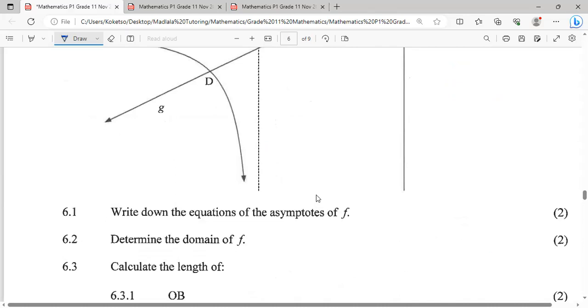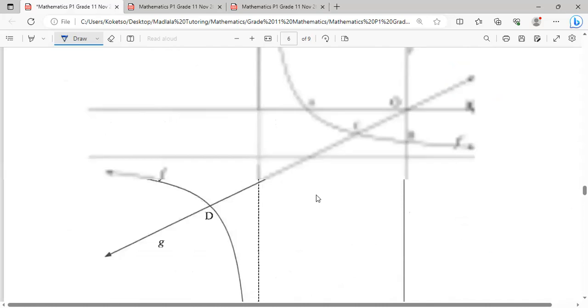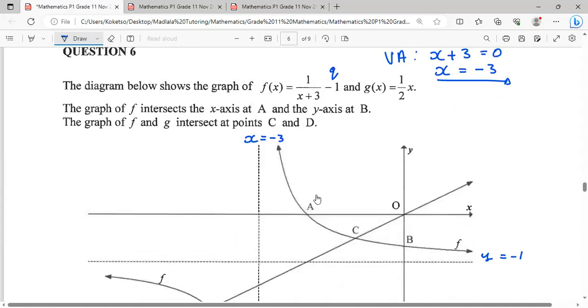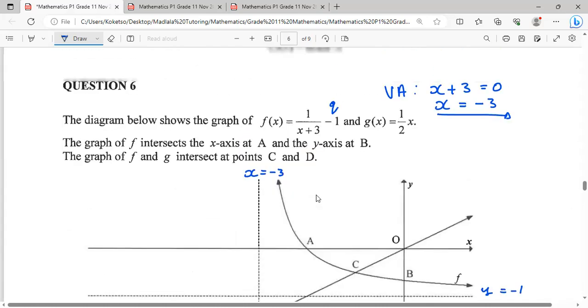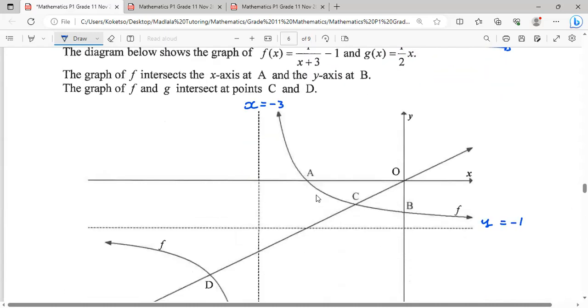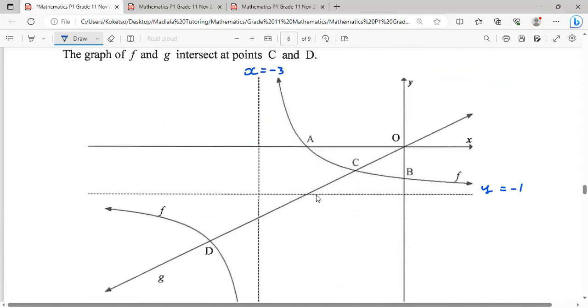The second part says, determine the domain of f. So what is this domain? It's just a set of all the values of x for which the function is defined. Listen to what I said. I said for which the function is defined.